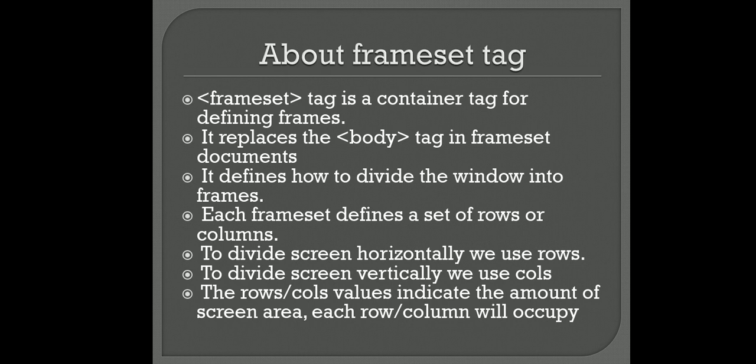Sometimes in your coding it will ask you to divide the screen horizontally, and you don't know whether it is row or column. So I have briefly told you that horizontal means rows and vertical means columns. And the amount of screen you want is set by rows and columns, that is how much screen you want in the frameset.